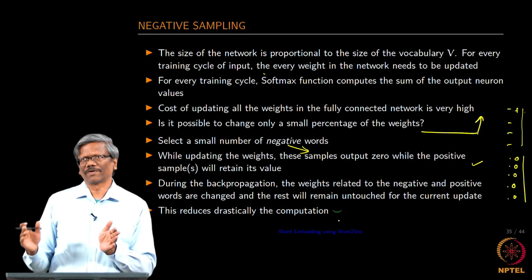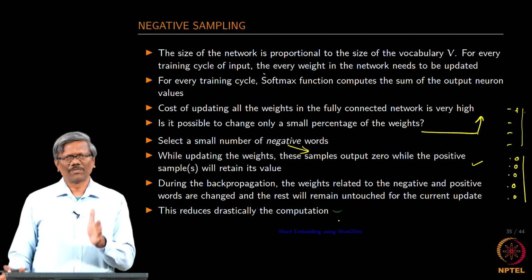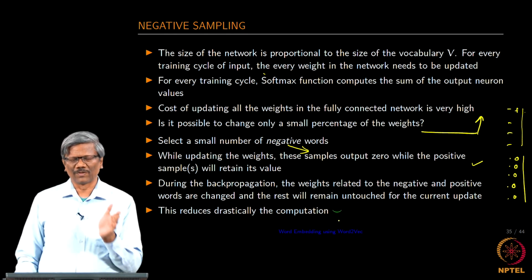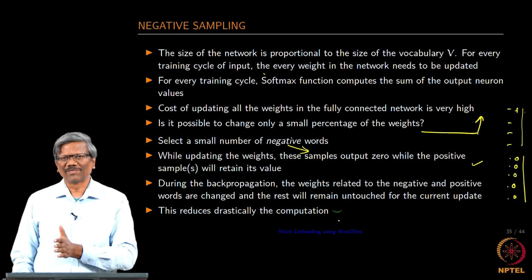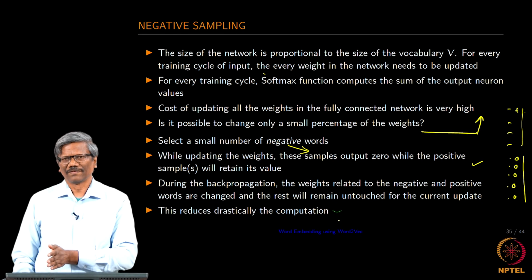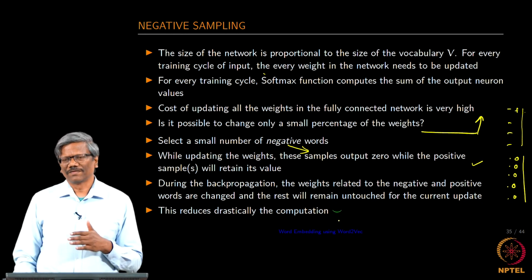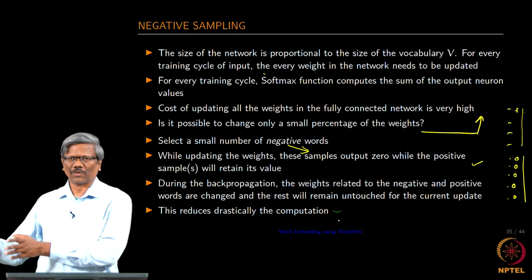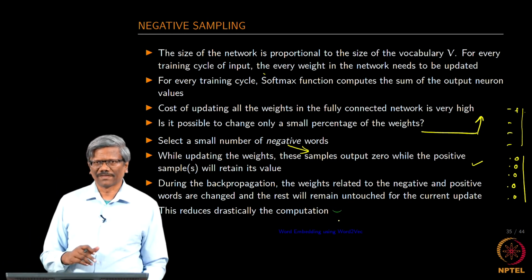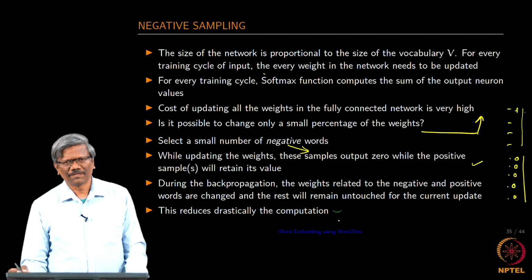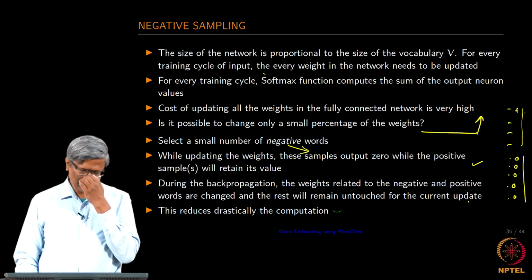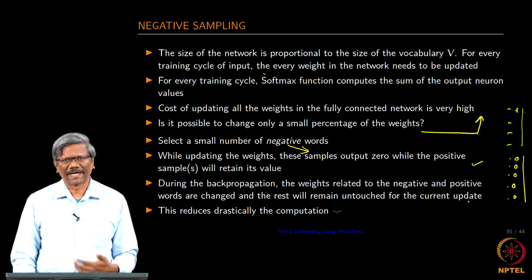If you look at 1 million vocabulary by 300 hidden values, we have about 300 million weights to be updated every time, correct. That is for embedding weights as well as for context weights, leave alone your softmax computation and so on. So this we have reduced drastically by only choosing a certain number of negative words.